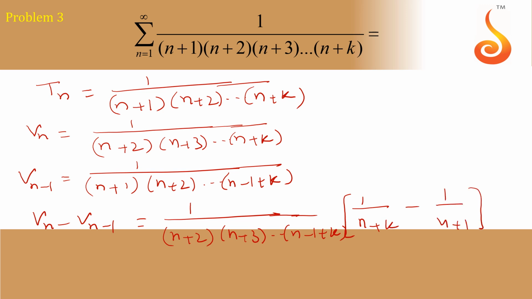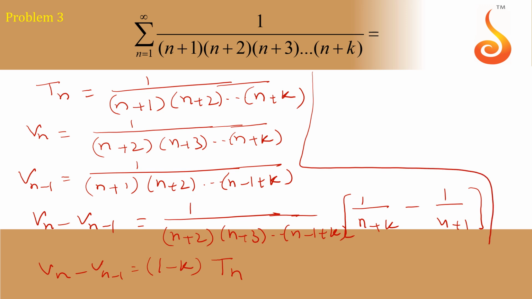So Vn minus 1, if you take LCM, you will get your Tn. So that is the logic. From Vn minus 1 you should generate Tn, and if you take LCM, n gets cancelled, 1 minus k times Tn you will get.